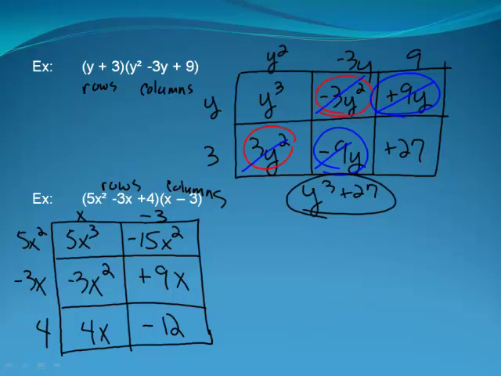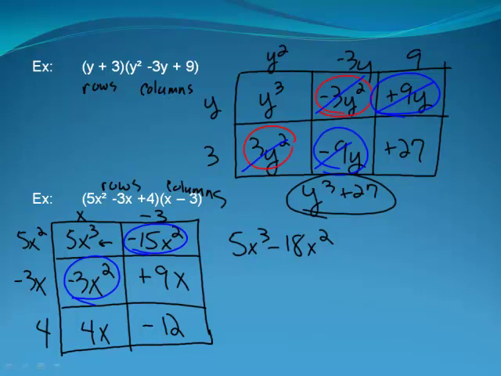Okay, let's look for like terms. There is no other cubed term except for this one right here. So I'm just going to rewrite it, 5x cubed. Then I've got a couple of x squared terms. I've got negative 3 and negative 15. Negative 3 plus a negative 15 is negative 18, or minus 18 x squareds.